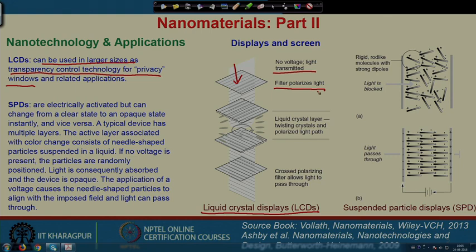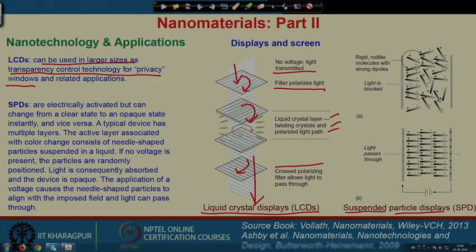But once the liquid crystal layer has a twisting crystal and polarized light path, let us say by application of some particular voltage or some signal, then we can actually get a cross polarized filter. So, basically the orientation direction changes here. So, we get another direction of the polarized light. So, this is called the liquid crystal display, or we can use a suspended particle display, SPD.